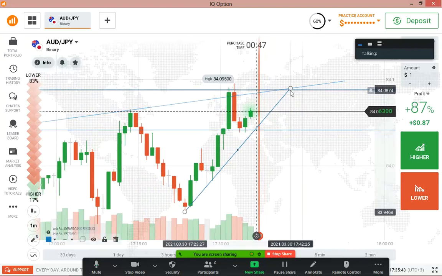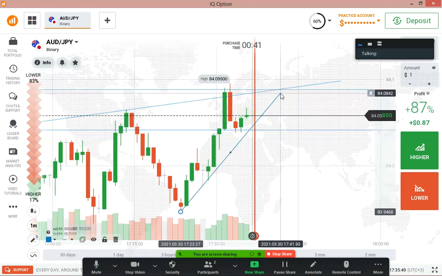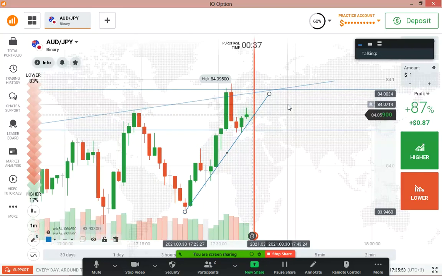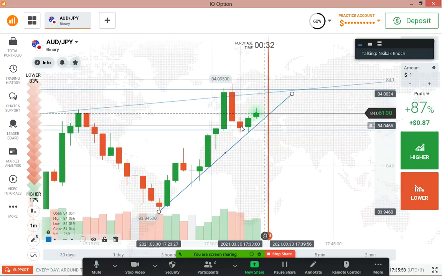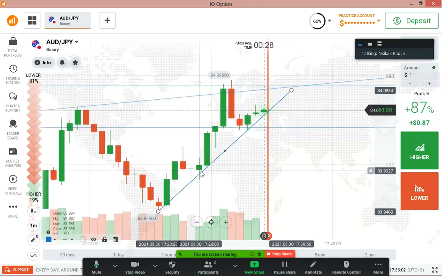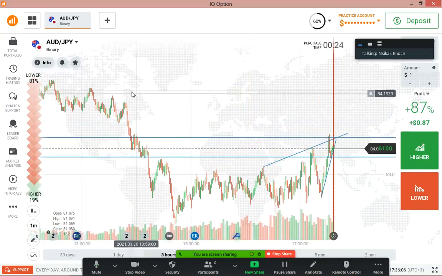I think there's nothing I can do about this line. So if I want to go with buyers, that means the buyers must enter from this level. Buyers entered here, buyers entered here, the buyers must enter here, even horizontally.